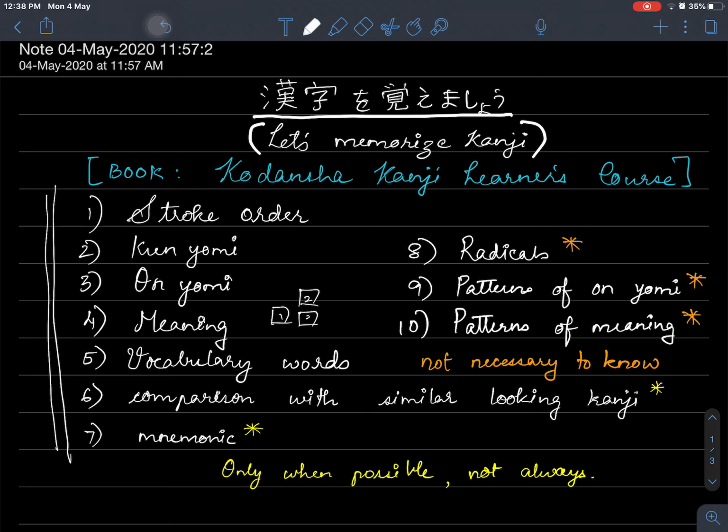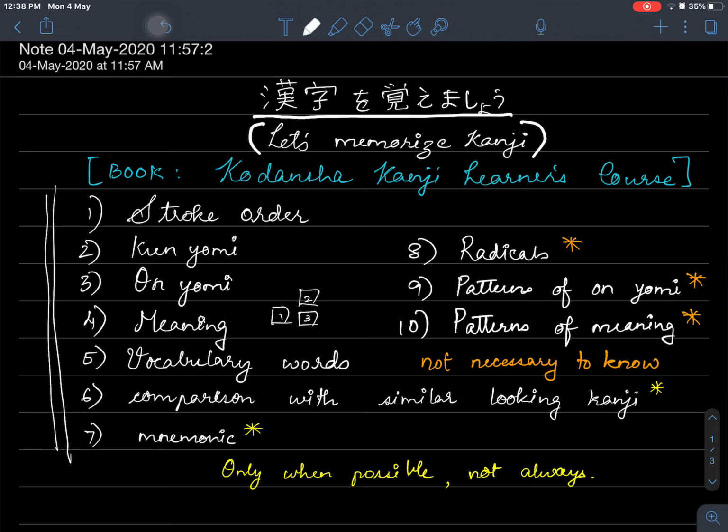Usually the character here, in 1, 2 or 3, any one of them can be called a radical. And what purpose that radical serves, how we identify the radical, all of that is for a later video. But just understand that one of the components of a kanji can be its radical.